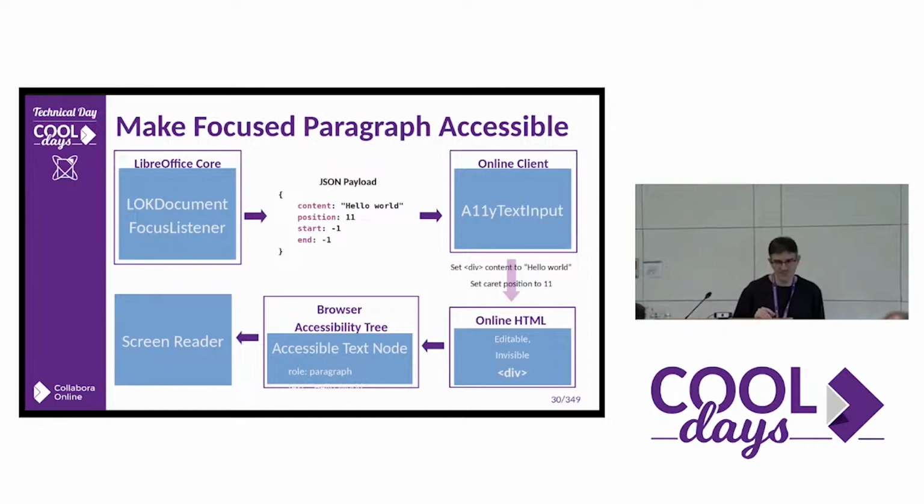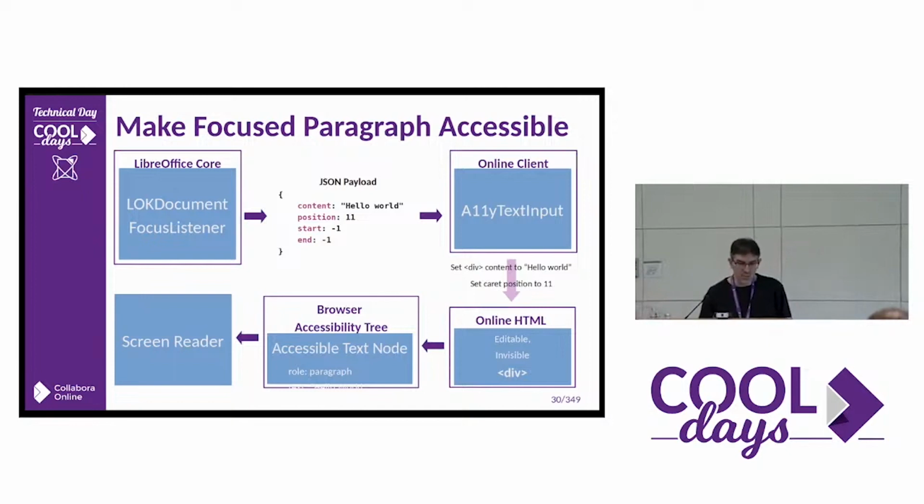which is able, beyond handling user input, also to handle the message received by the Lock Document Focus Listener class in order to populate the div element with the content of the focused paragraph, to set the text cursor position and also the text selection if there is any text selection.